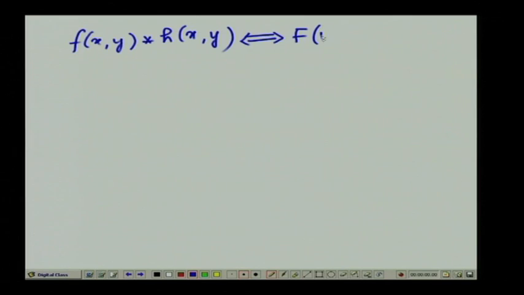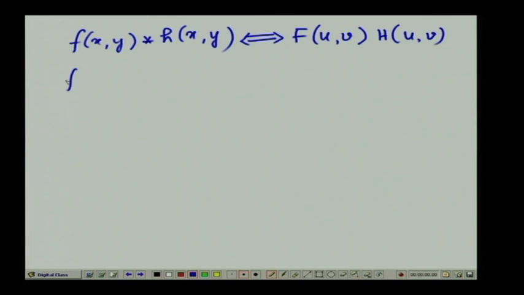So, what we have seen is that if we have a convolution of 2 functions f x y and h x y in the spatial domain, the corresponding operation in the frequency domain is multiplication of F u v and H u v, where F u v is the Fourier transform of the spatial domain function f x y and H u v is the Fourier transform of the spatial domain function h x y.